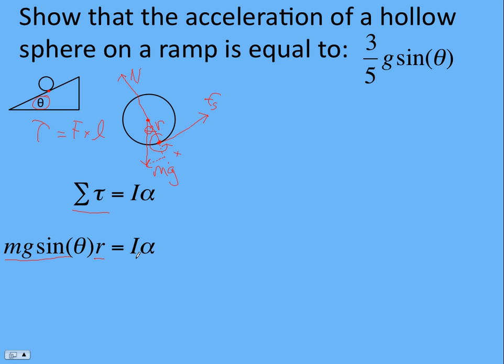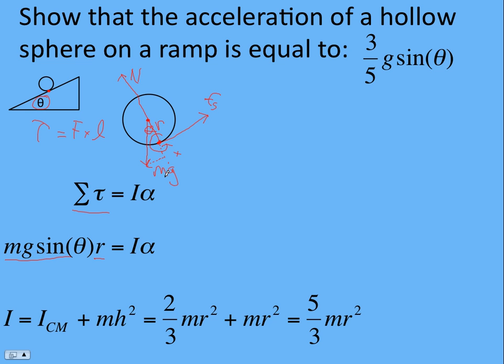Now we need to get the rotational inertia, and if we're rotating about the contact point, or at least imagining that's what's happening, we need the parallel axis theorem. And so the parallel axis theorem says the rotational inertia is that about the center, plus a correction term, mh squared.